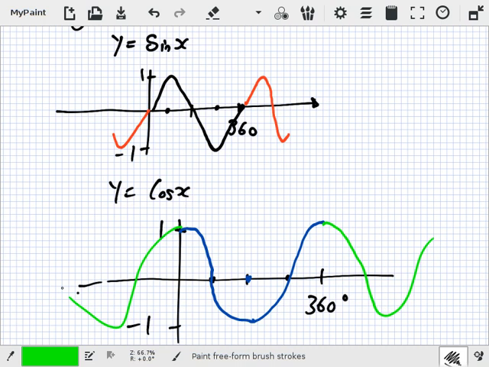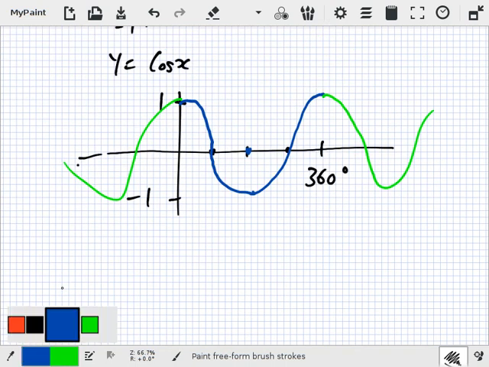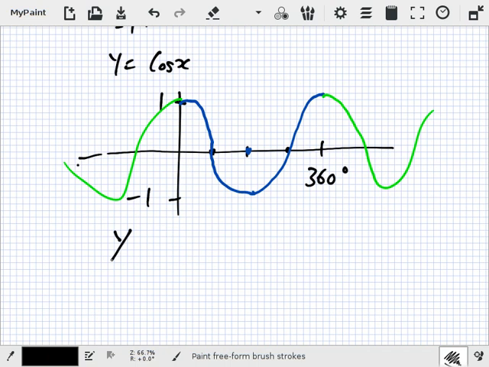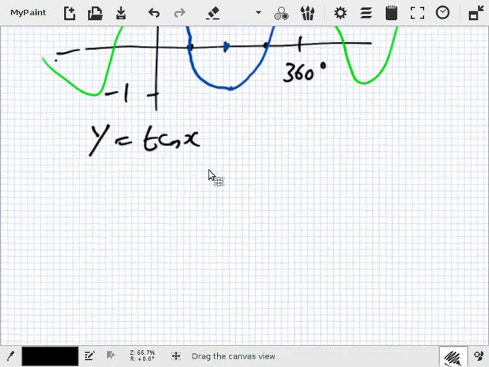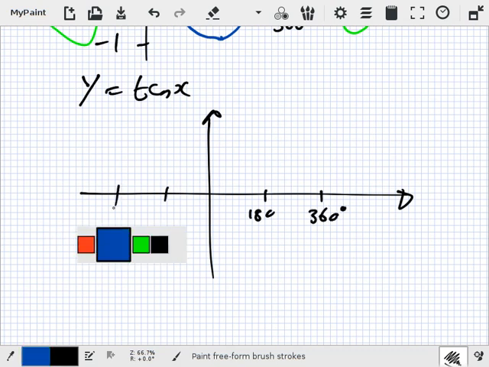Okay, so the next basic graph to do, you could probably guess, is tan. This one's a bit peculiar. So tan x, every 180 degrees it hits 0.